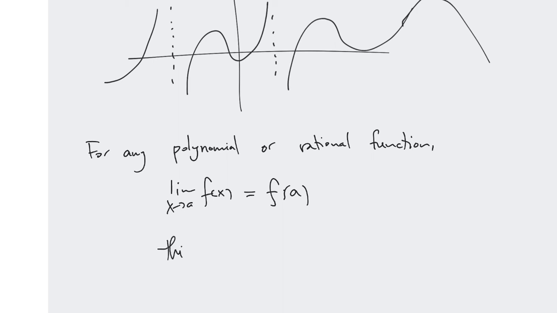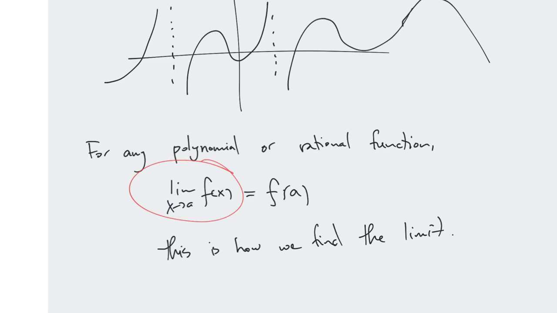And this is how we find the limit, right? If I ask you, what is the limit of a certain function at a certain point? Well, if it's a polynomial or a rational function, all you got to do is plug this a inside the function. That's what you do. The fancy name for this is evaluating the limit by direct substitution. I would just say you just plug it in and you get the answer.